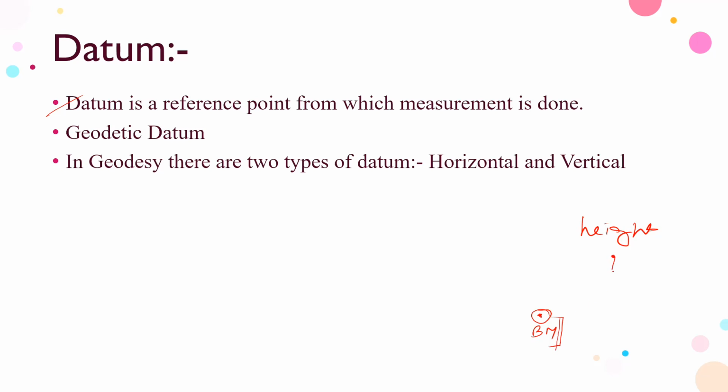If we measure the height of this point, we can measure the height value from this point. So for that, the reference point is this, and if we have to measure the distance value, then also the reference point is this. For every measurement, we have to take a reference point, and that reference is known as datum.